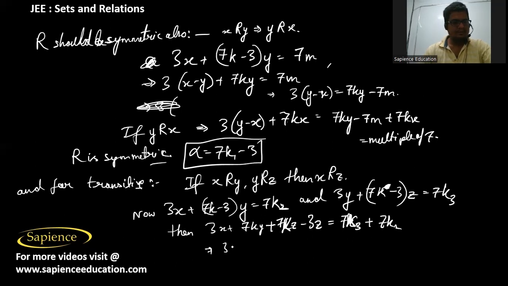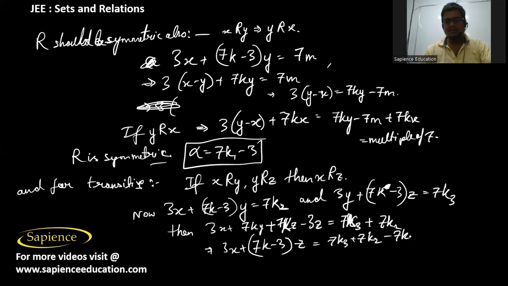So 3x plus 7k minus 3 into z will be equal to 7k3 plus 7k2 minus 7ky, which is also a multiple of 7. So therefore x is also related to z.